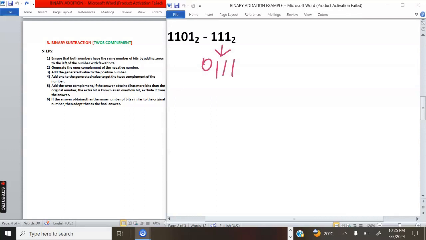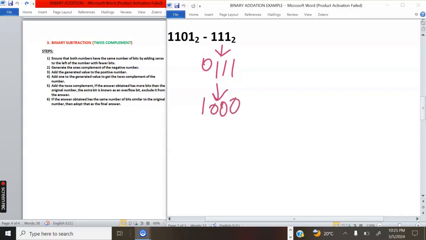Then the next step, this one we convert into one's complement, and for one's complement, whenever we have 0, it's 1, and 1 is 0. So the one's complement of this one will be 1, 0, 0, 0.